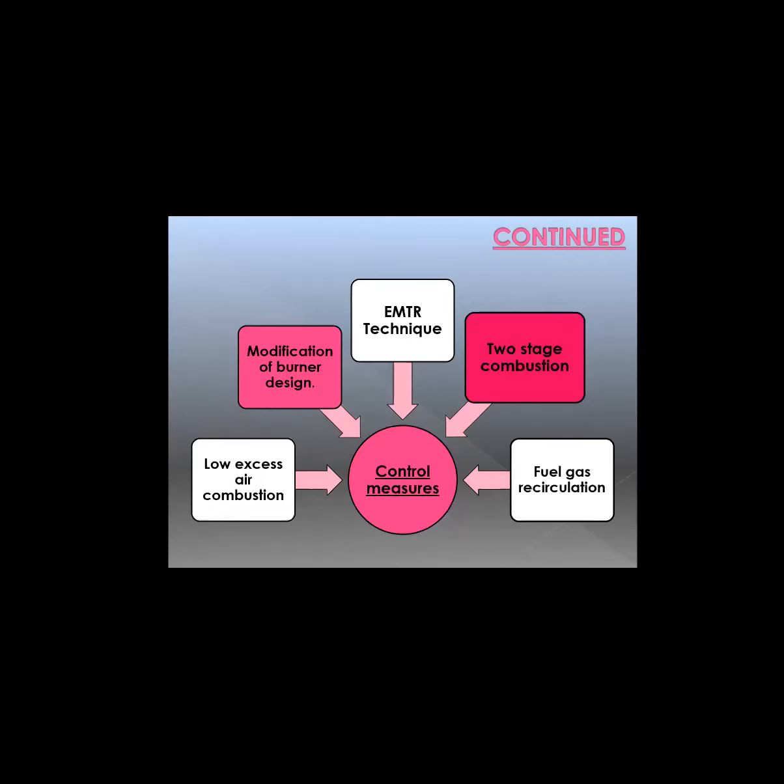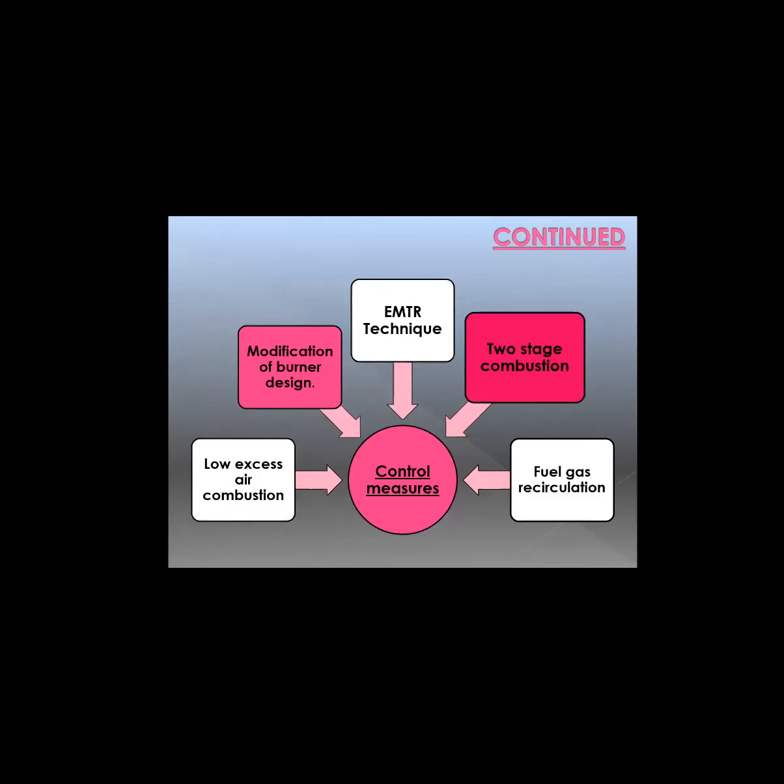And as a result, the formation of oxide of nitrogen is reduced by nearly 90%. Yes, my dear friends, you heard it right. Its reduction is nearly 90% in gas-fired boilers. So in this way, we can considerably reduce the emission of oxides of nitrogen.